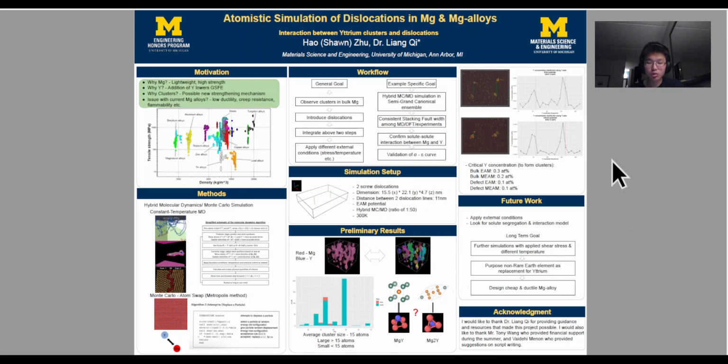So I initially got involved in this project through the summer research program in the College of Engineering. And the biggest hurdle, or the most difficult part, is probably the setup of the simulation.